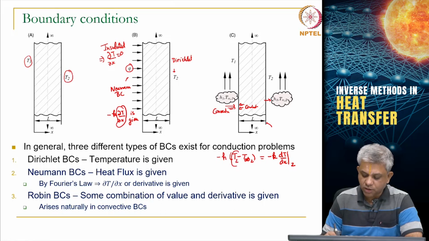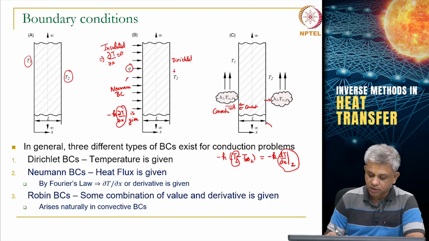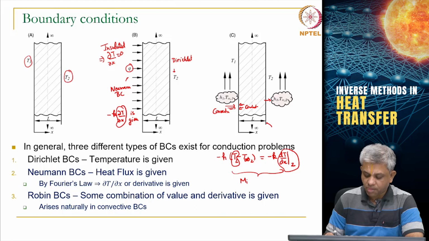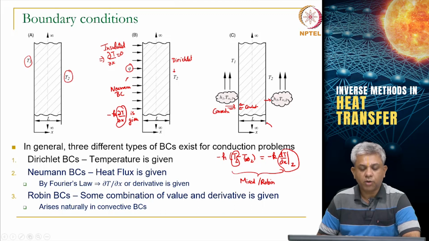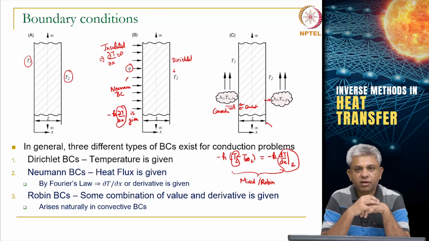So, you notice T2 is participating, dT dx at x2 is also participating. So, this is what is known as a mixed or a Robin boundary condition. So, these are the possible boundary conditions that you have in generally a simple conduction case.